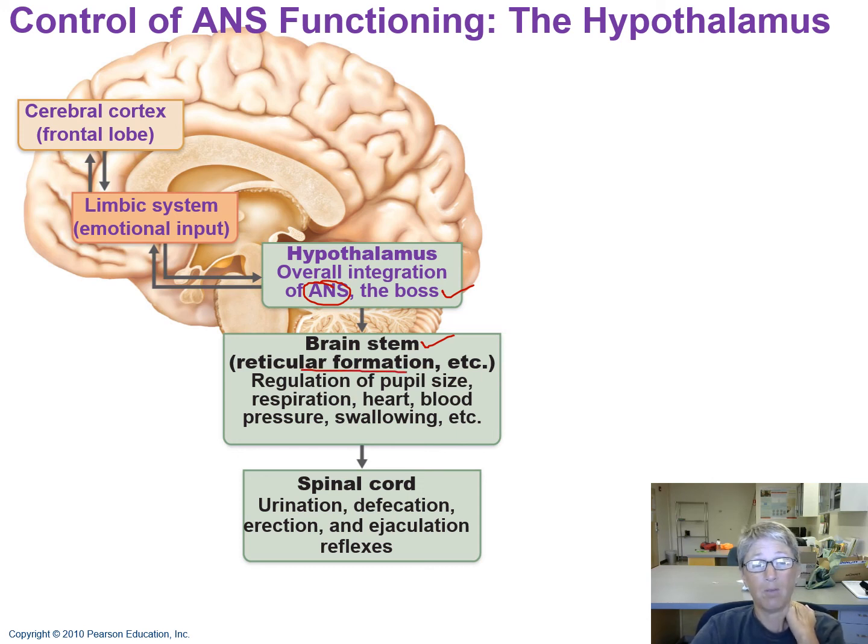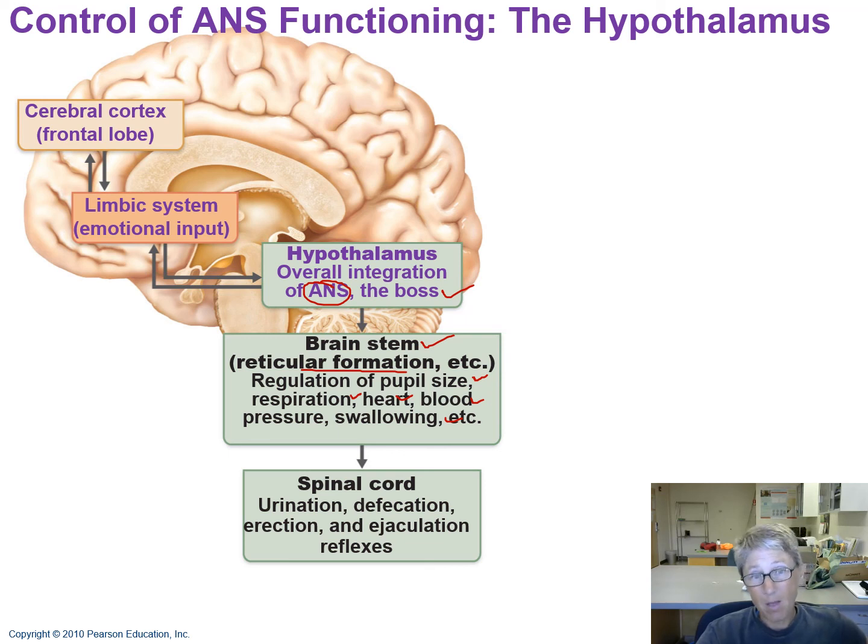The hypothalamus will eventually lead the autonomic nervous system to regulate pupil size, respiration, heart rate, heart contraction, blood pressure, swallowing, all these things.